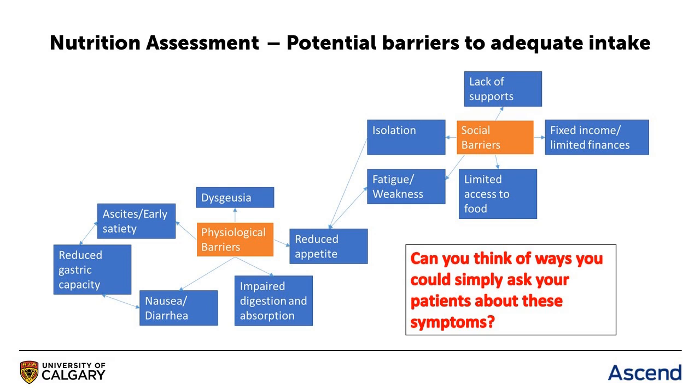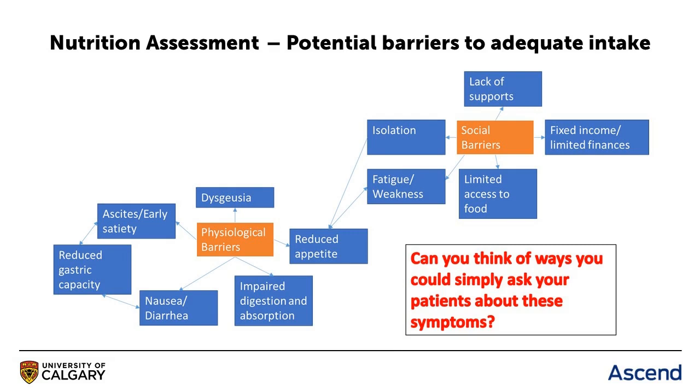And then limited access to food. And then the fatigue and weakness plays into both the physiological barriers and social barriers, because patients that are feeling crappy, lousy, sleepy, they don't want to get to the grocery store and make a whole bowl with quinoa and avocado and brown beans. I don't know.